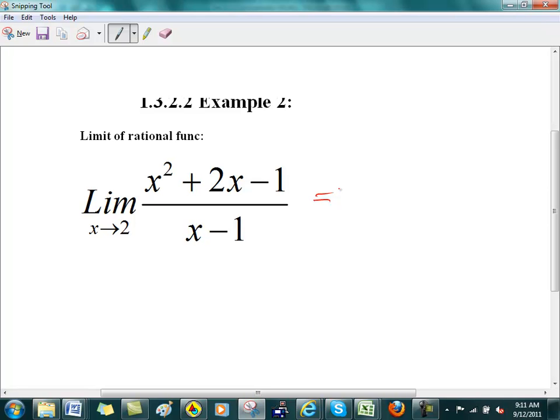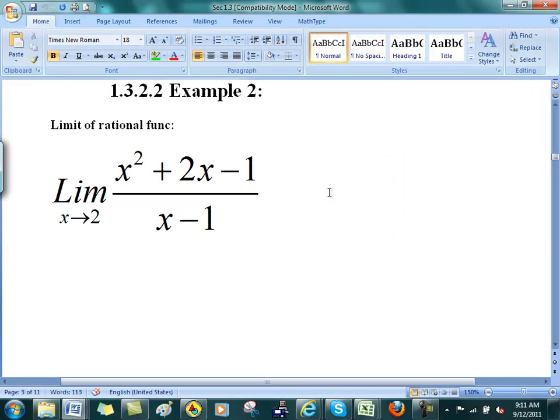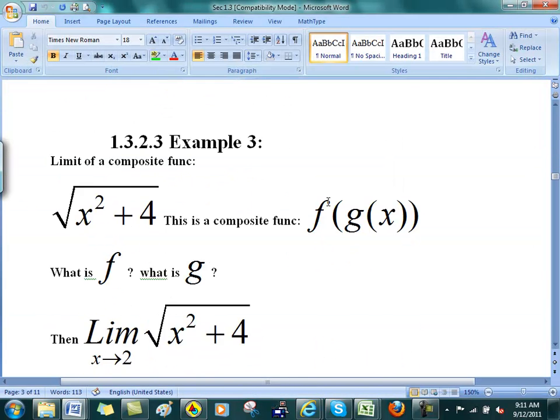Okay, Cindy's saying 7. Is everybody with her on that? Okay, what box? 1.3 again, but not for polynomial. It'll be for, nice, good job, for rational function. Okay, good job. Is everybody all right there? Feel like you're working with me here? The boxes? Okay. All right, next one.